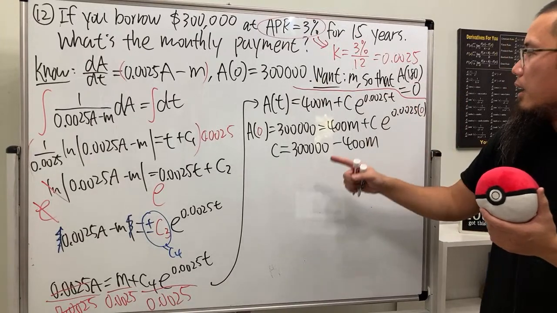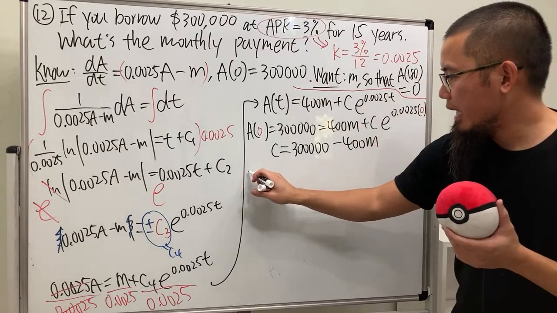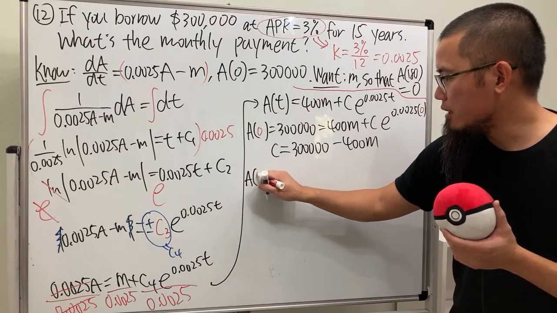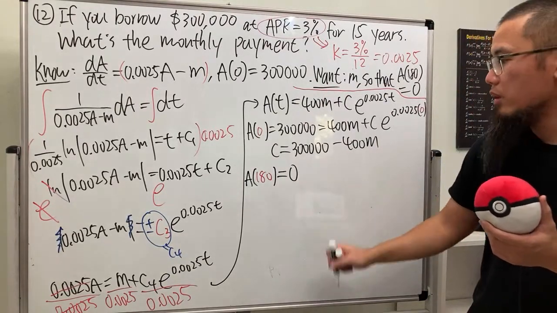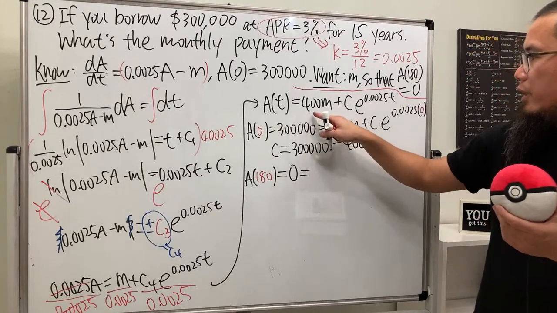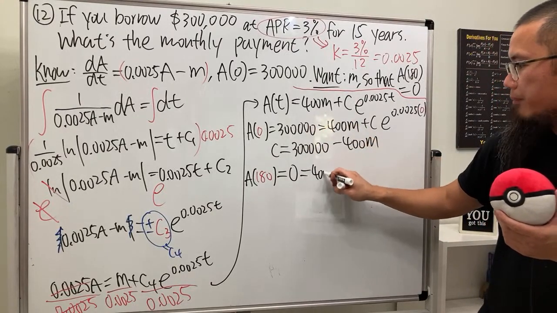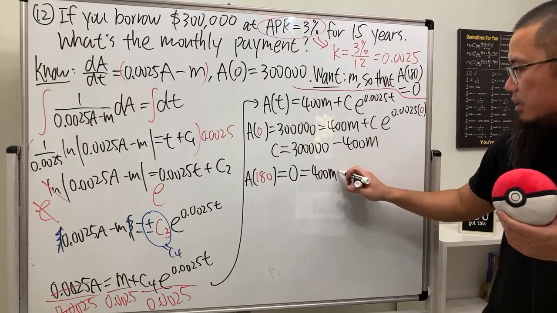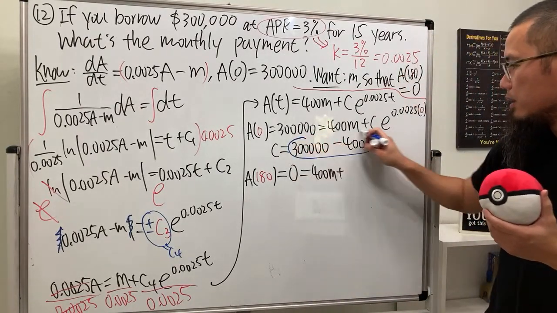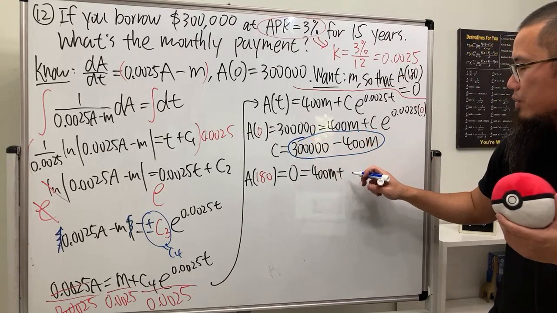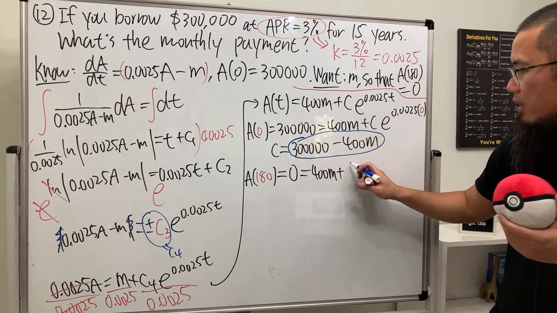So I'm going to have A of 180. We know this right here, we want it to be 0, and then the equation is this. We have 400M plus the C, which is this, right? The C is here, which is just going to be here. So I'm just going to write it down.